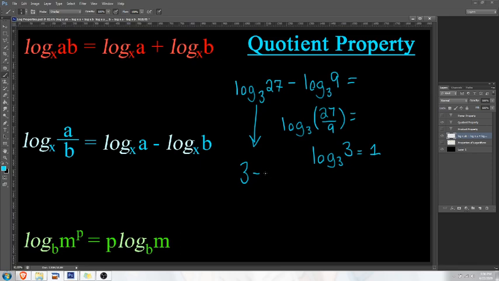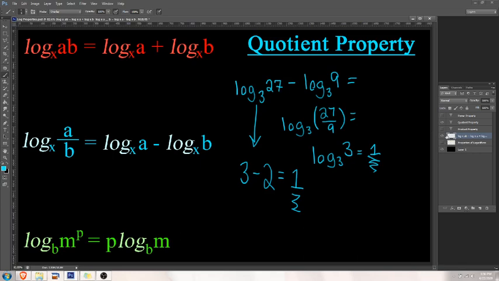Well, 3 squared equals 9. So the log base 3 of 9 is equal to 2, and we know that 3 minus 2 equals 1, which is the same thing that we got over here, right? We got 1 in both cases. So that's just a little bit of evidence about why this works out the way it does. And once we start throwing in variables, it's going to work the same way.